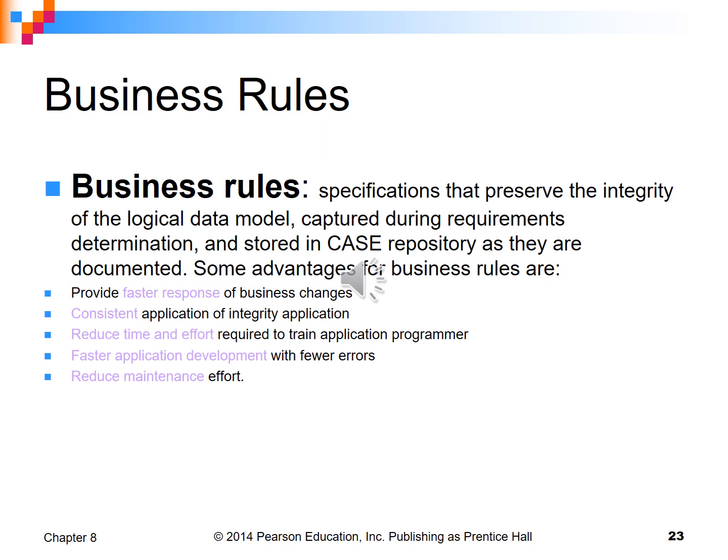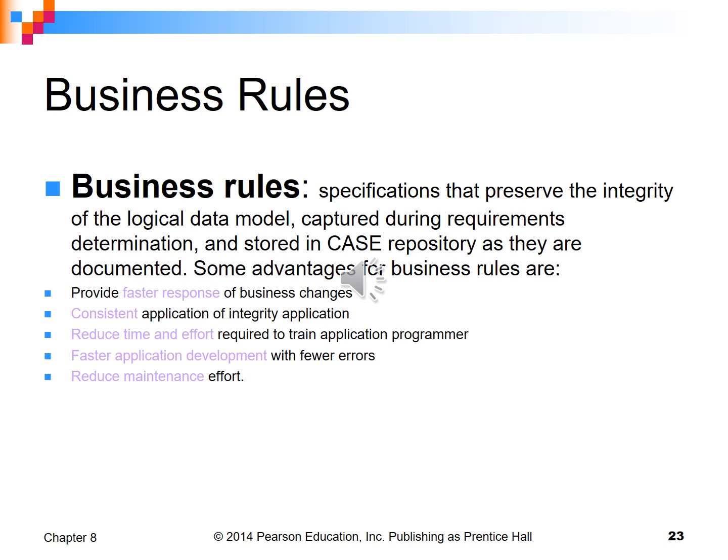Consistent application of integrity. This means that it preserves the integrity of the application, because the change is in one place. The way you do it, the way I do it, the way he's done it, it is the same. It is in the database management system.